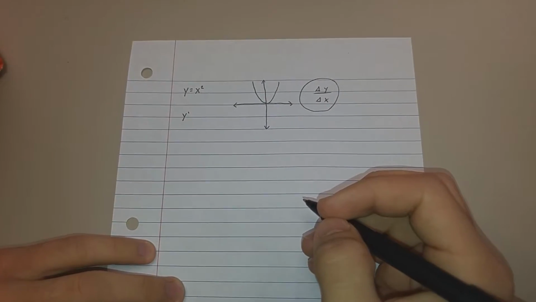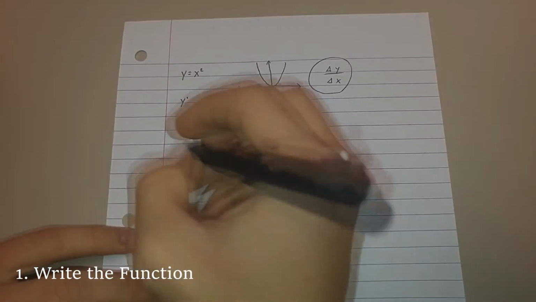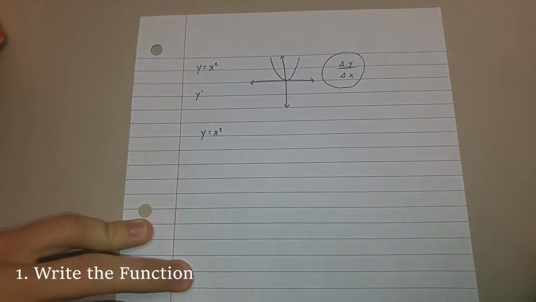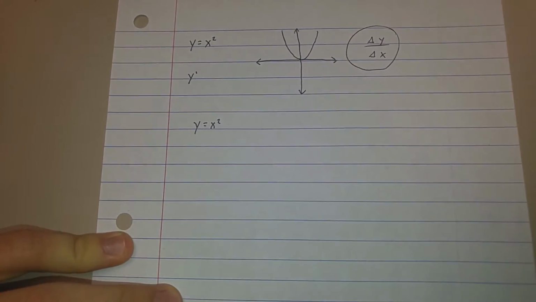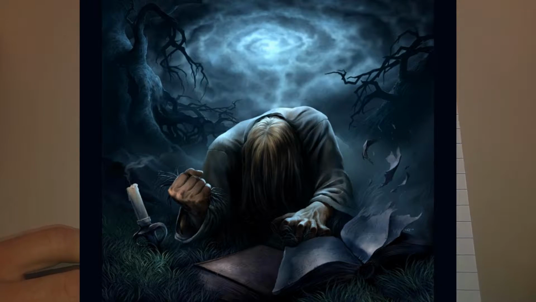So when we want to find a derivative, we start off by writing down the original function that we're trying to find the derivative of. In this case, we already said it was y equals x squared. What we do with that is we transform it. We just do a couple things to it, and it makes it the derivative. Magic. It's magic.